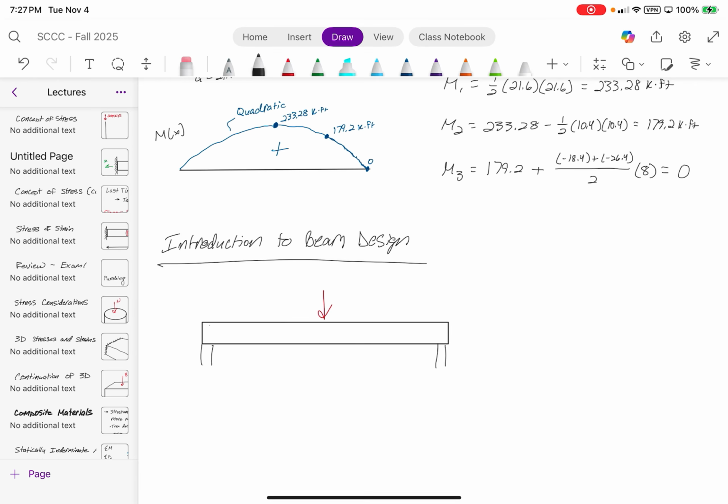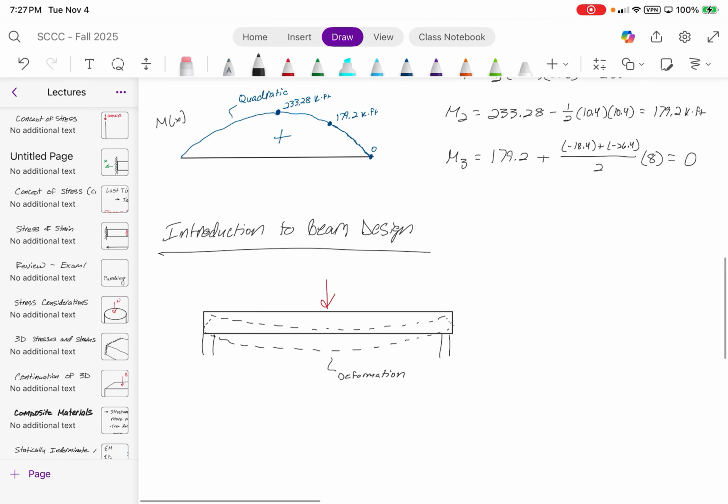We know that the beam is going to deform kind of like this, right? Do you guys agree with me? We call this deflection. We'll get into that later on in the semester. But this is generally how it deforms.